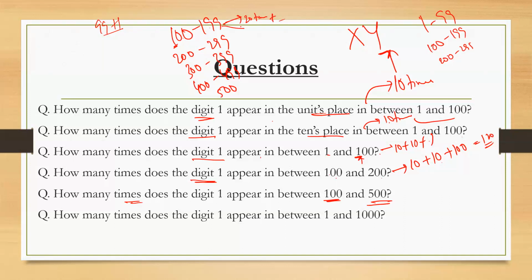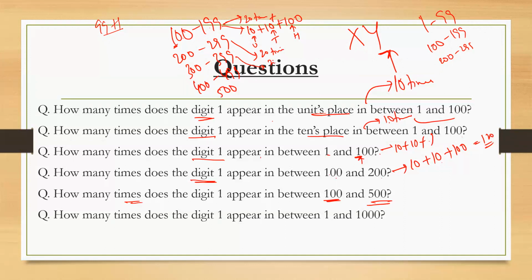Okay. So here we have 10 plus 10 plus 100. This is in the units place, this is in the tens place, this is in the hundreds place. Now same way here also: 200 to 299. How many times does the digit 1 appear? It appears 20 times, 10 times in the units place, 10 times in the tens place.